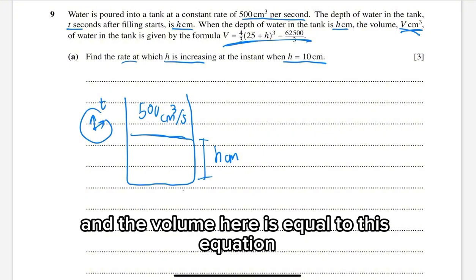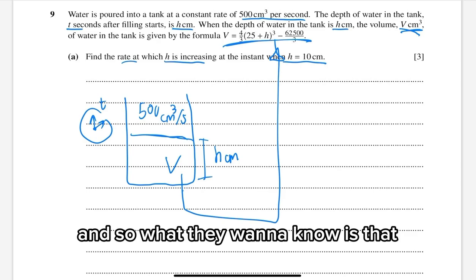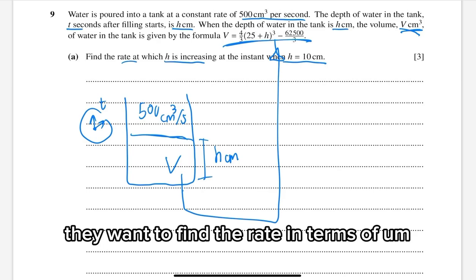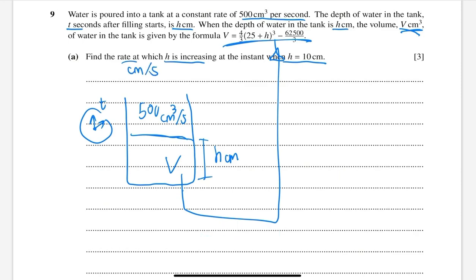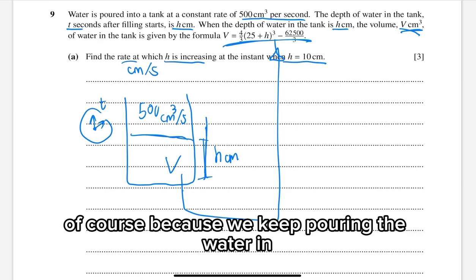And the volume here is equal to this equation. So the volume of water is equal to the equation above. What they want to find is the rate, in centimeters per second, at which h is increasing, of course, because we keep pouring the water in.